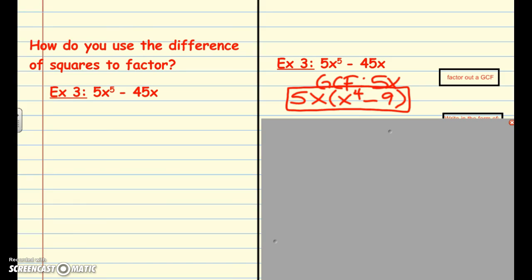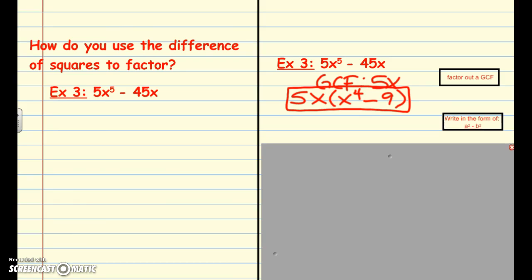So we're going to keep this 5x outside, and just like with the previous examples, we are going to write this binomial in a squared minus b squared form. I know that x squared to the 2nd power is going to give me x to the 4th, and I know that 3 squared is going to give me 9.